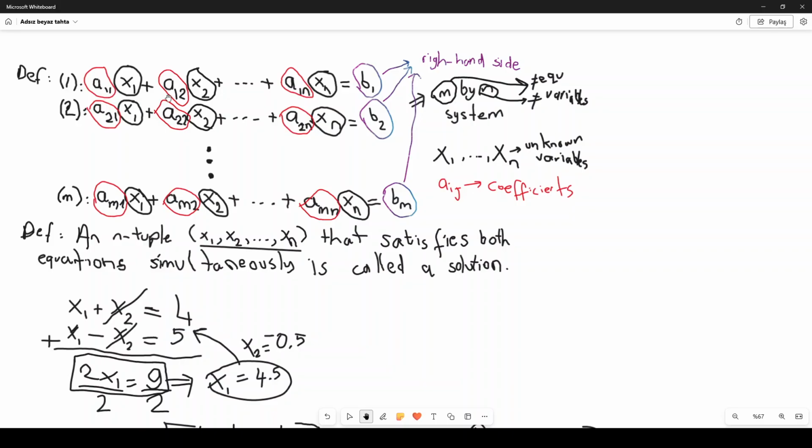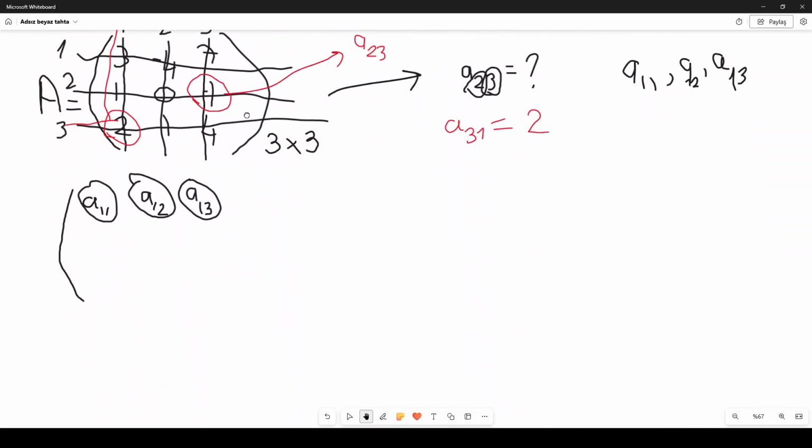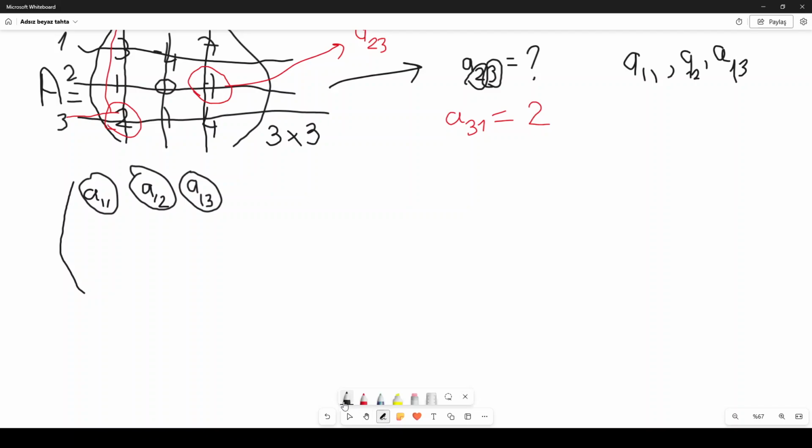These are a11, a12, and a1n. So this just goes on until we reach the last coefficient, right? And for the second equation, I do the same. I just write the coefficients of the unknown variables in the second equation, until the last one.